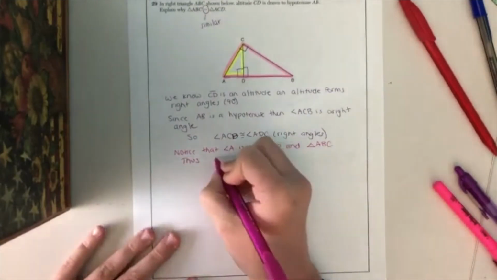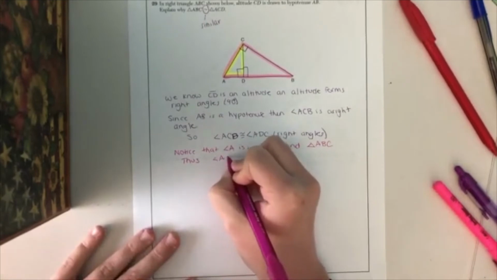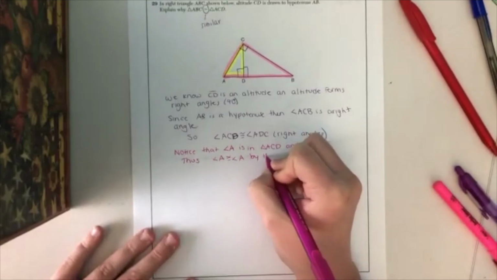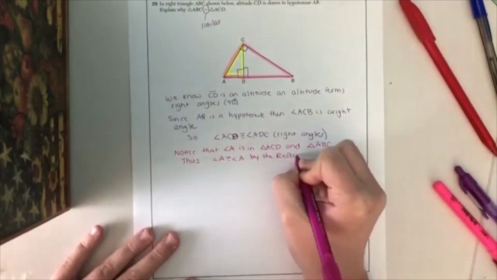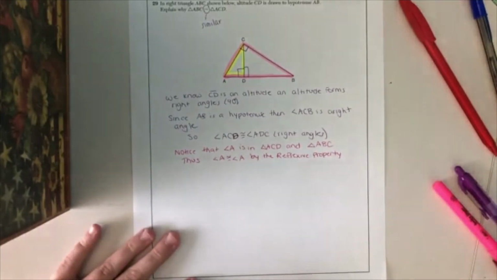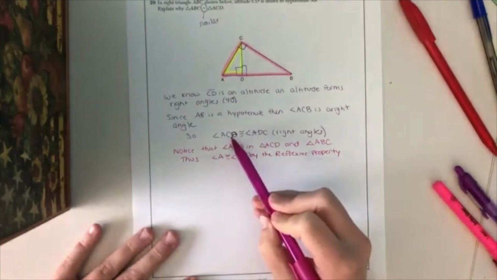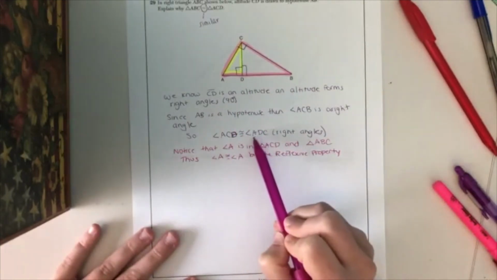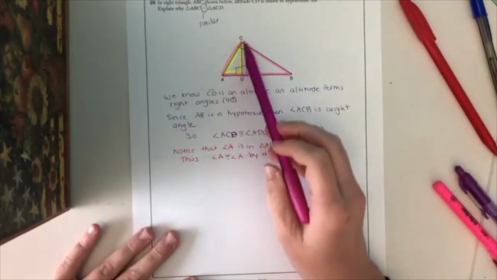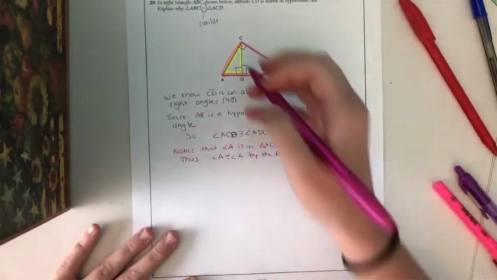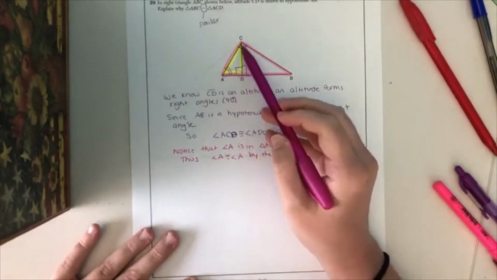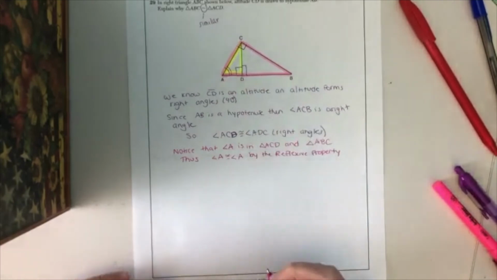Thus, angle A is equal to angle A, and remember this is by the reflexive property. So therefore we have an angle ACB in this big triangle is congruent to angle ADC in this yellow triangle, as well as angle A is congruent to angle A in the big pink triangle.